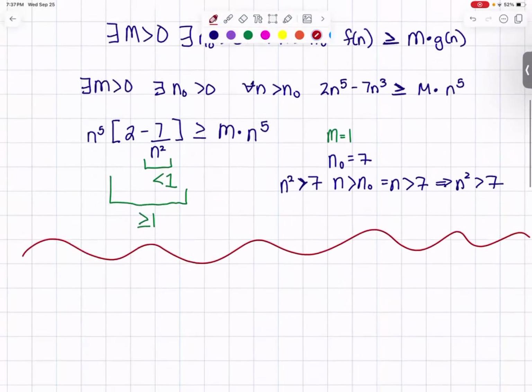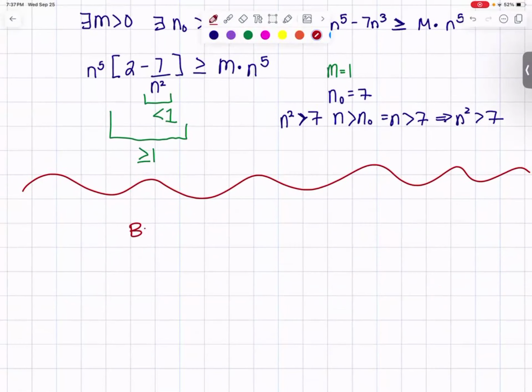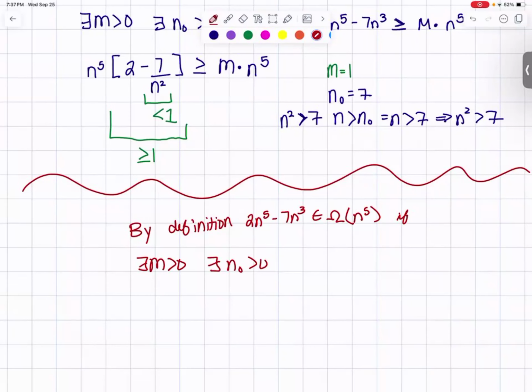So let's go ahead and write this out officially. So we start off with our definition. By definition, 2n to the 5 minus 7n cubed will be in big omega of n to the 5 if there exists an m greater than 0 and there exists an n naught greater than 0 such that for all n greater than n naught, 2n to the 5 minus 7n cubed is greater than or equal to m times n to the 5.